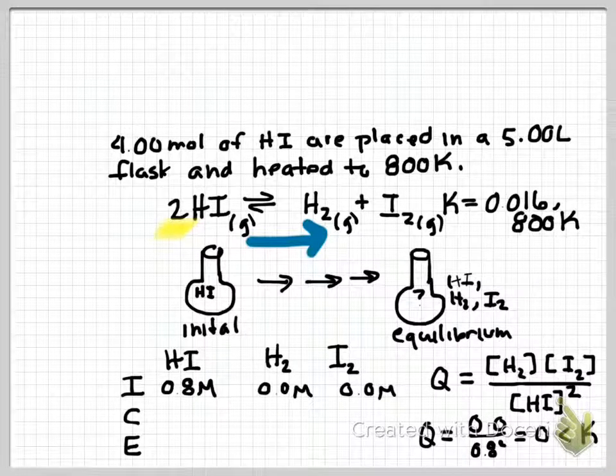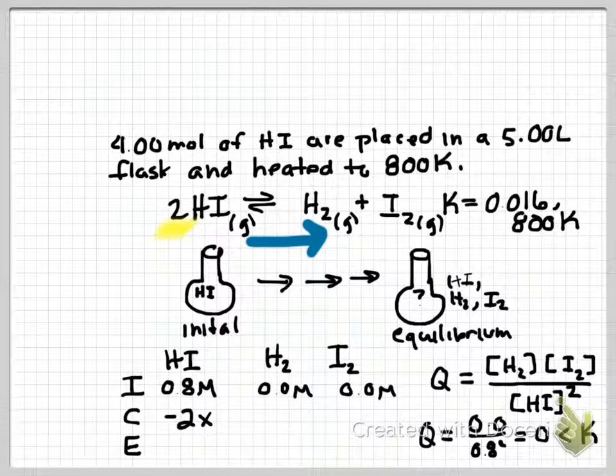So when I go to complete my ICE table with my change, I know that I'm going to lose reactants and I'm going to gain products. So here my HI, my hydrogen iodide, is going to change by 2, again, I have to account for that coefficient, times some number x.